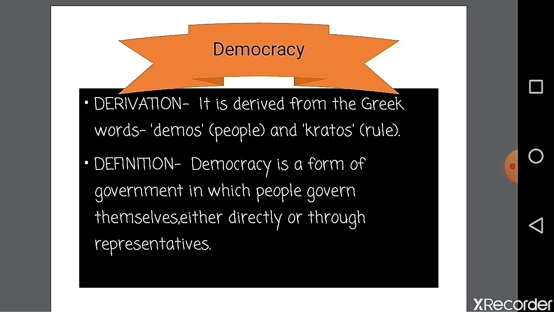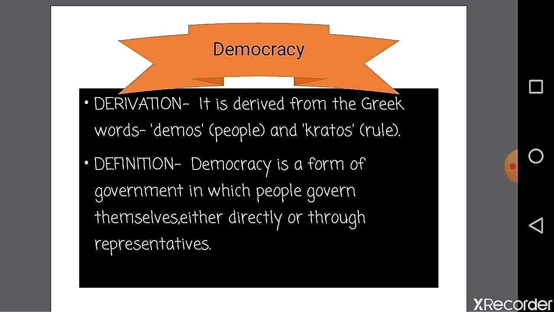That means democracy is a form of government. Yes, democracy is a form of government where people participate directly or indirectly in governing the country. So what will be the appropriate definition of it?